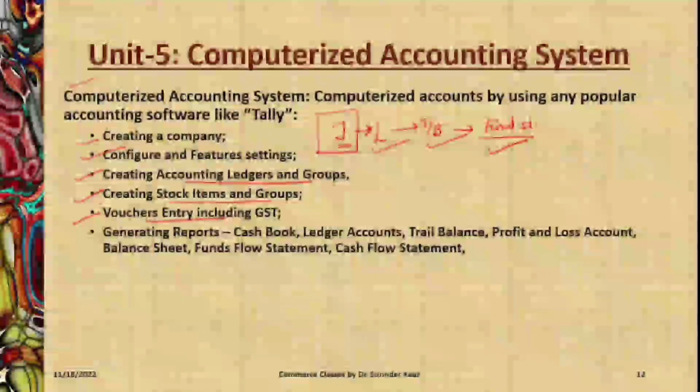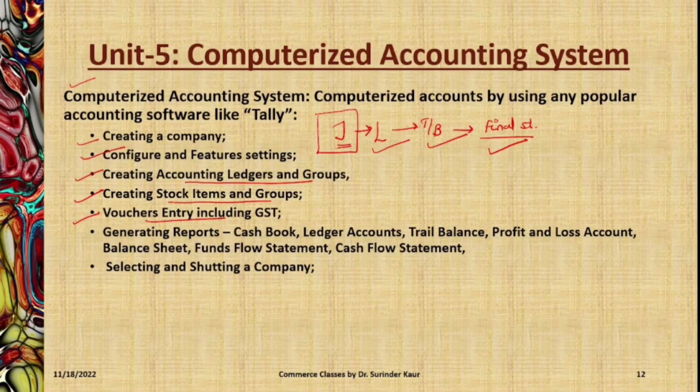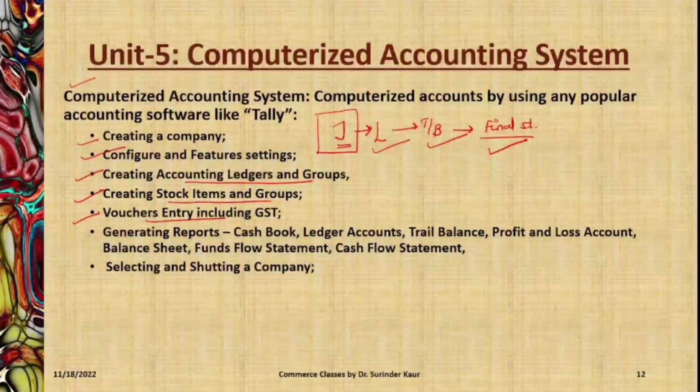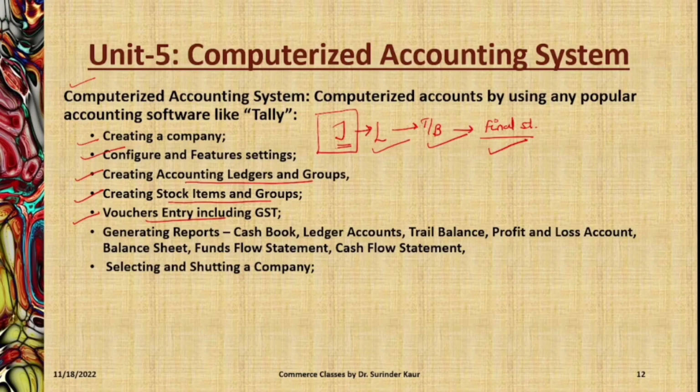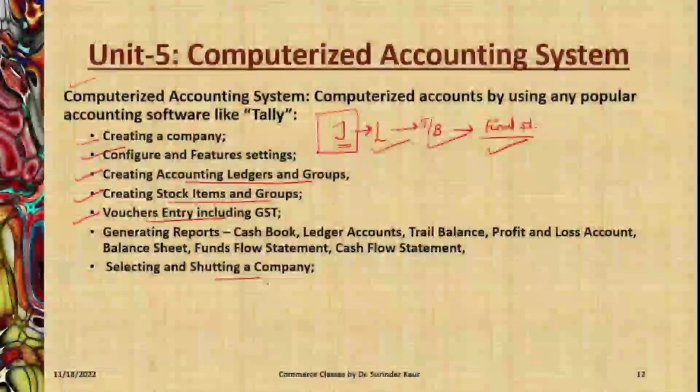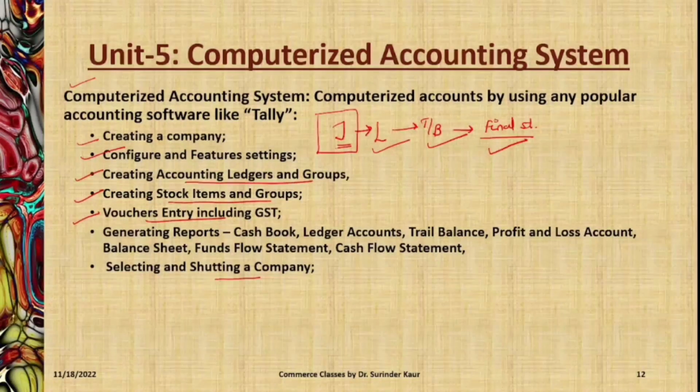Then you have selecting and shutting a company, because on one software we can open many companies. You can create many companies and you can open a company, work in there, close it, and then open another company and work in it. So you have one software wherein you can create records of a large number of companies. So selecting a particular company to work in, shutting a company will all be part of the computerized accounting system.